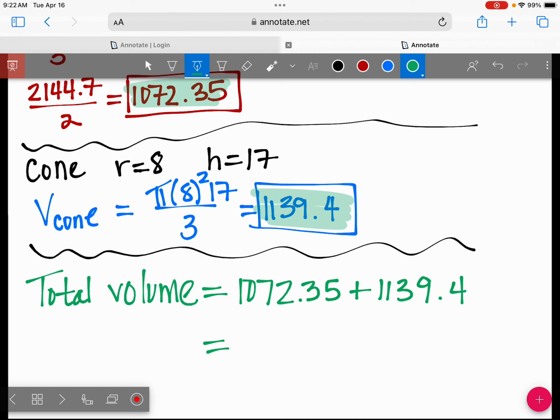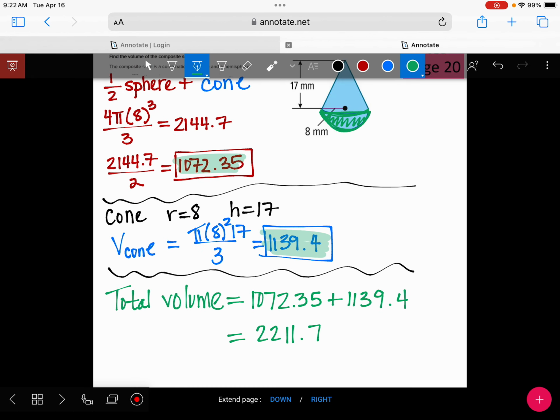What did you get when you added those together? 2211.7. Who else? Anybody else get that? And then what's our unit? Millimeters cubed.